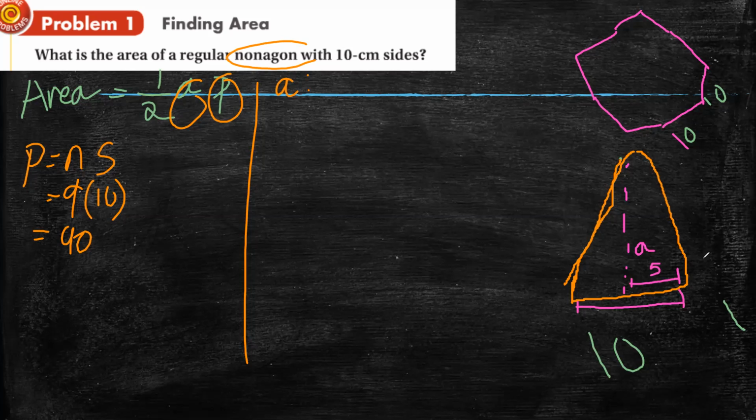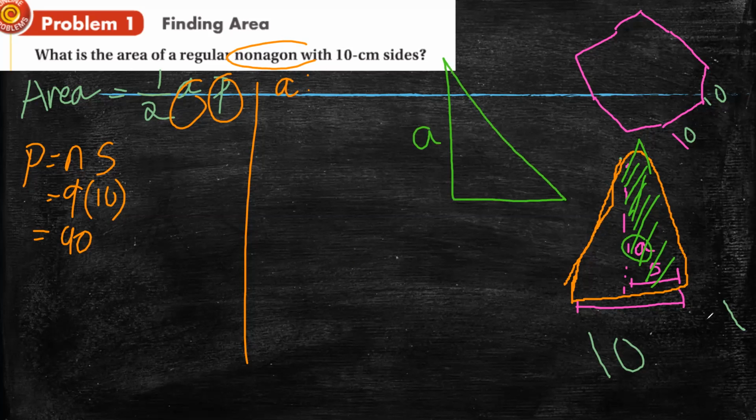As an example, I want to use this right triangle. If I have it here, this A will be the apothem, and I need the length of the base. But I know that the base of this triangle is 10.